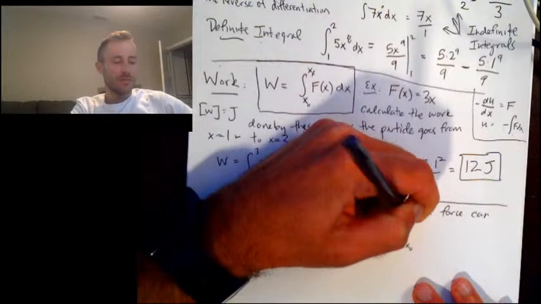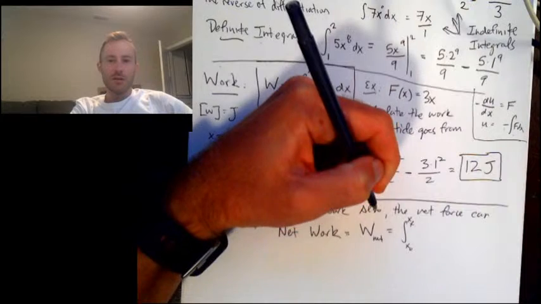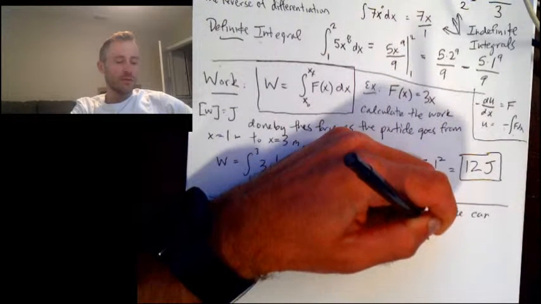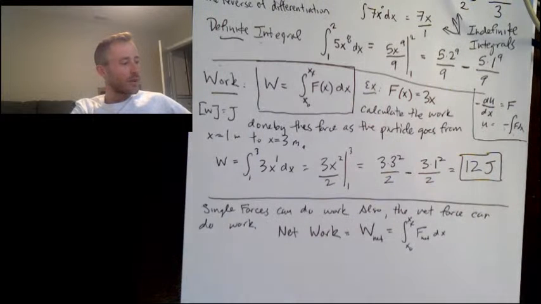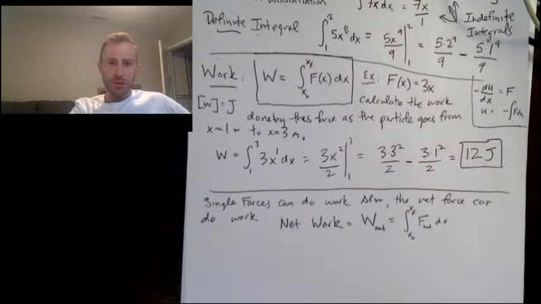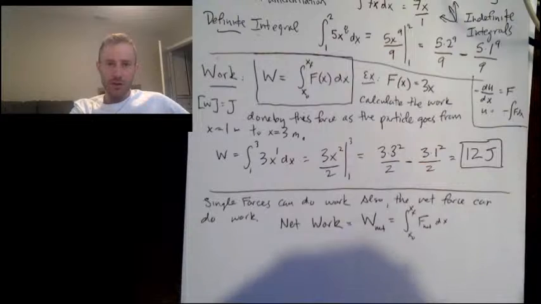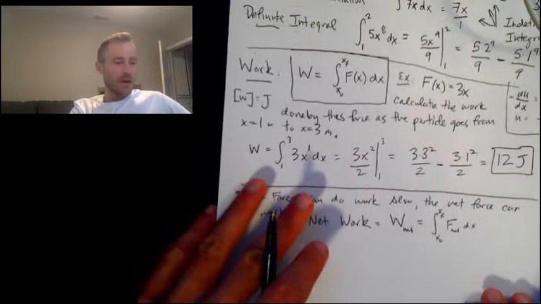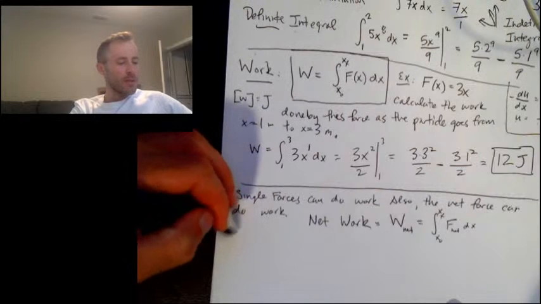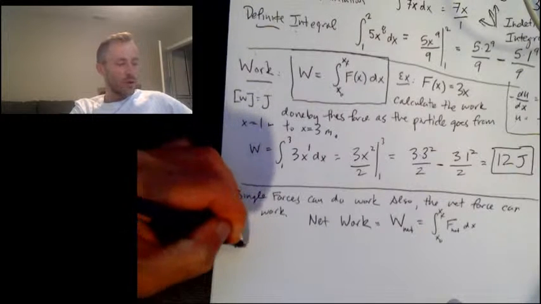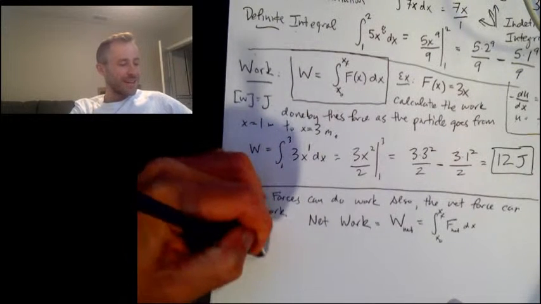So net force dx. All right, so that's important. And there's a really nice theorem that I'm not going to prove, and I'll explain why in a second, that explains why we talk about work in the context of energy. That theorem is called the work kinetic energy theorem.